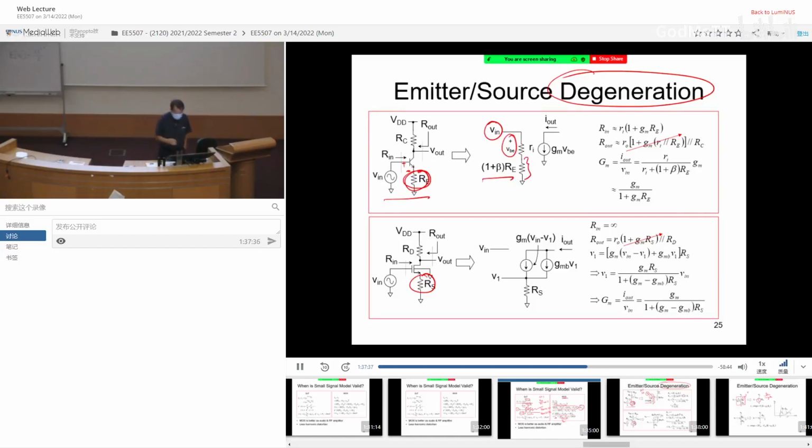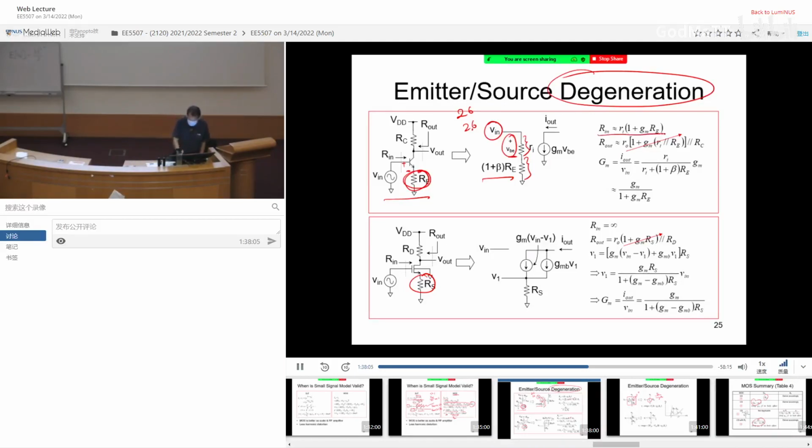And since, let's say, previously you could only tolerate 2.6 millivolt, now only a small portion appears over here, so you can probably tolerate 26 millivolt, because only a very small portion appears across the VBE over here. So how much can it tolerate? We will talk about that later.